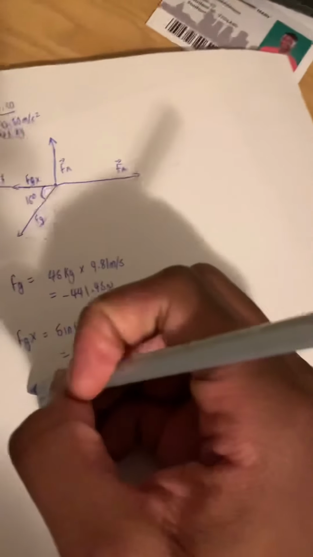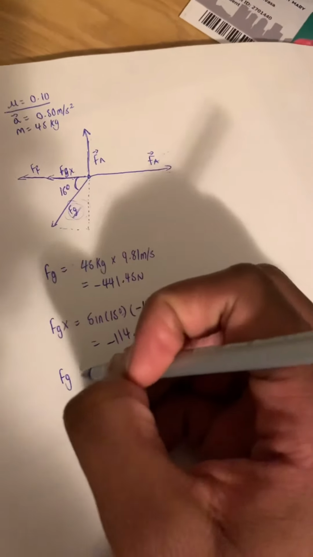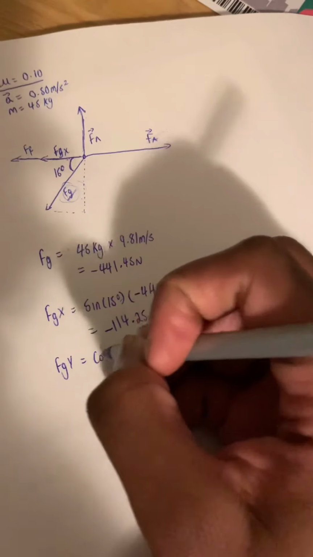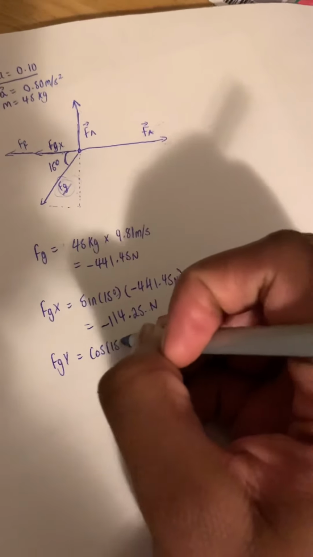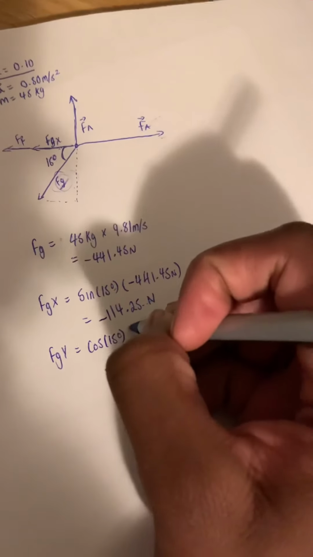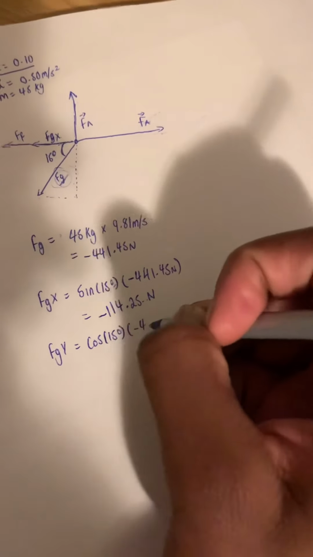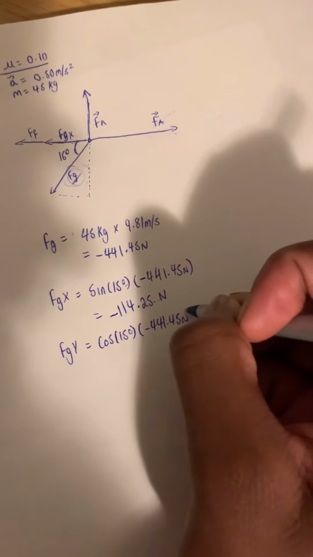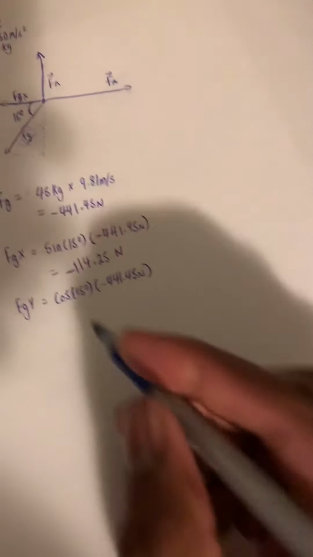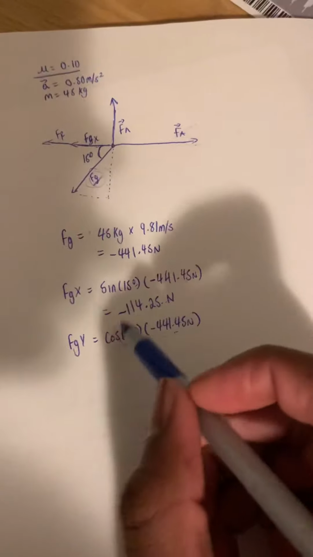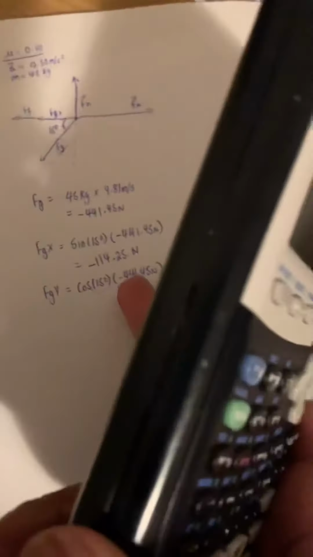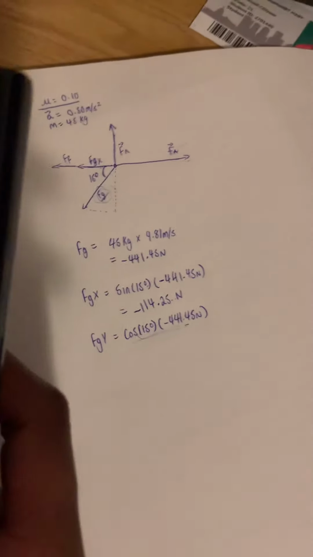And then to figure out the vertical component, Fgy, that's cosine 15 degrees times negative 441.45 newtons. Now we're only calculating this so we can get the normal force right here. The opposite of this is going to be the normal force.